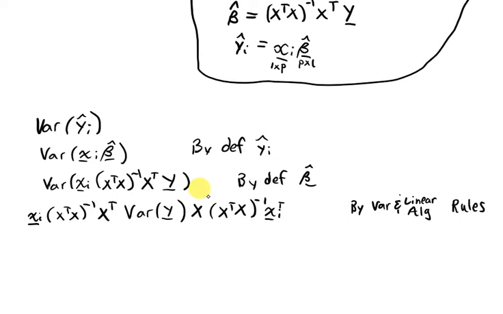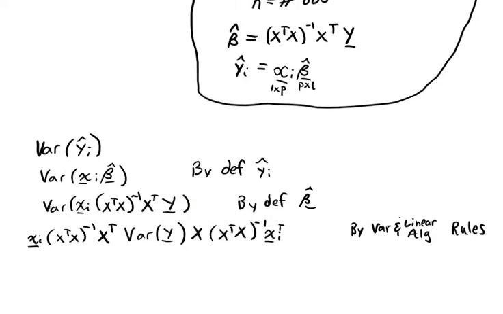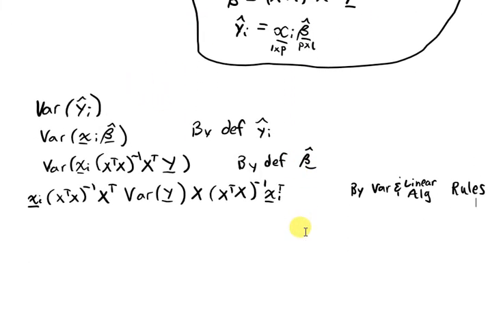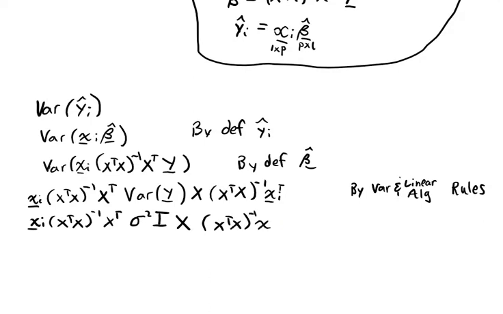Next, let's plug in the variance of y bar, because that is a known value that's part of our assumptions. We know what that is. It's sigma squared times the identity matrix. So I'm going to go ahead and do x_i bar, x transpose x inverse x transpose, times sigma squared times the identity matrix, times x transpose x inverse x_i bar transpose.